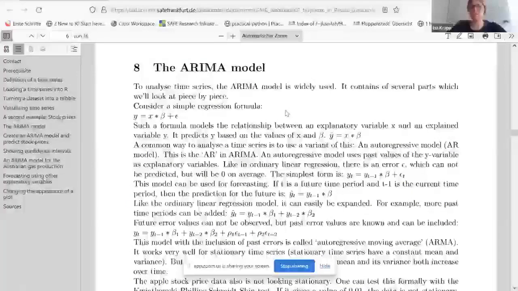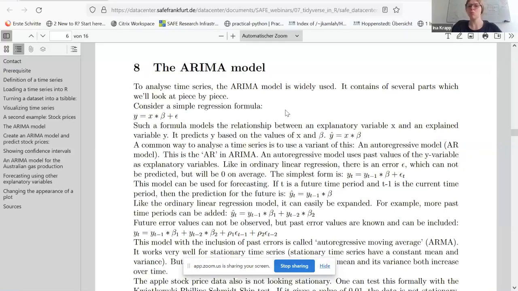As I mentioned in the announcement text, this tutorial will focus on the so-called ARIMA model. The ARIMA model as a whole can take on quite complex forms, but it is a form of regression, and I think it's easier to understand if you look at it piece by piece.